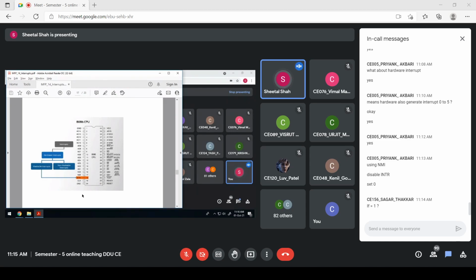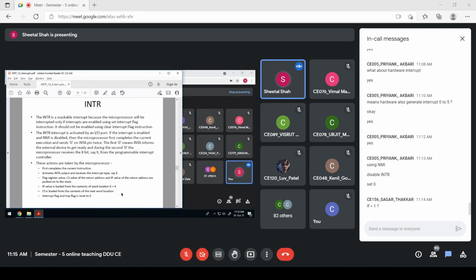For that, we have a signal. Do you observe this INTA bar here? Is this clear? So the INTA bar signal is provided saying that I have received the interrupt.